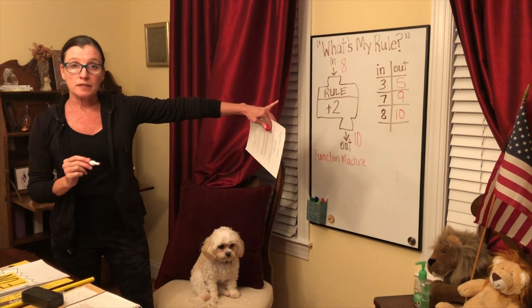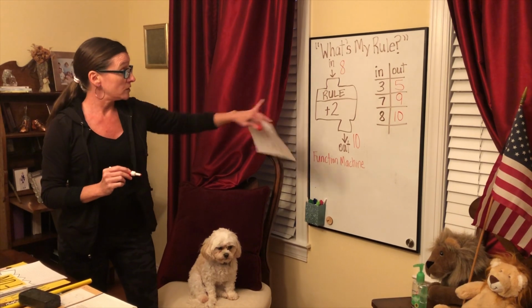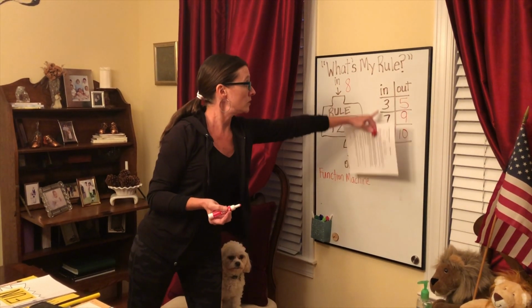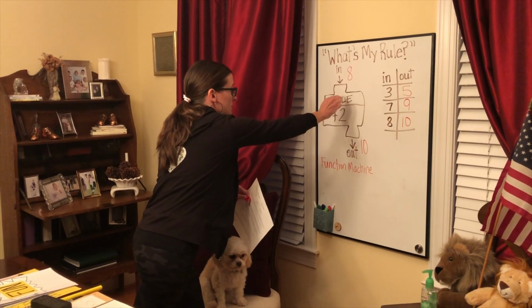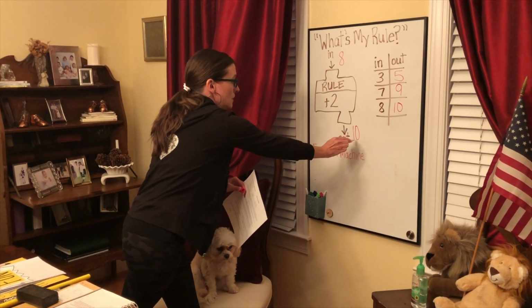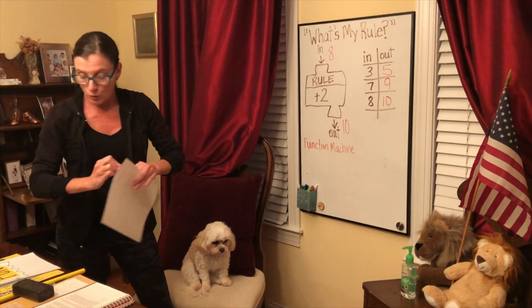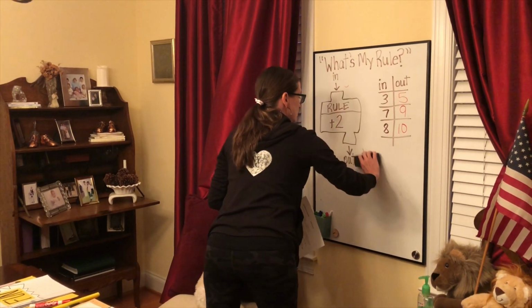This is a completed What's My Rule function machine with a plus 2 being the rule that you followed with what goes in to the machine. So you just picture that 8 sliding on through, picking up 2. That rhymes, doesn't it? Coming out to 10. All right, good job. We're going to do one more as practice here together on our lesson.